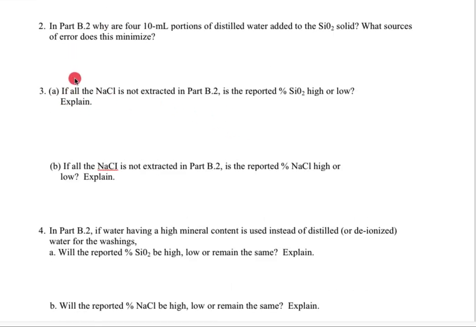Really, each one of these questions is asking you to consider some error or some problem that could arise in the procedure, laying out these different scenarios. What if not all of the sodium chloride is extracted? Same thing here. How does it affect the calculations?